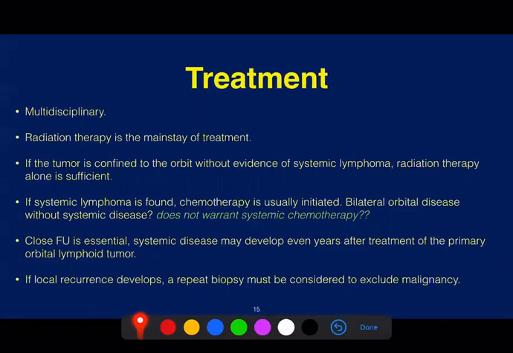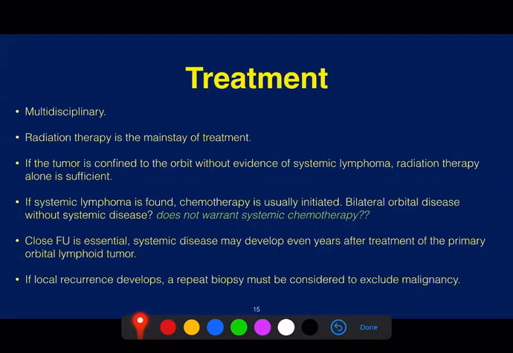So radiation is the mainstay of treatment. If it's confined to the orbit without evidence of systemic lymphoma, radiation therapy is sufficient. If systemic lymphoma is found, chemotherapy is usually initiated.